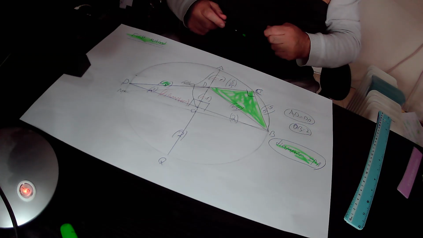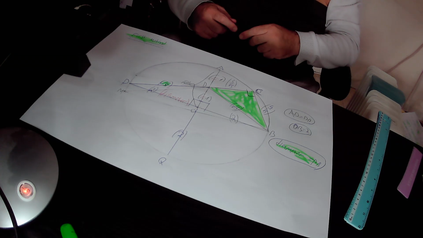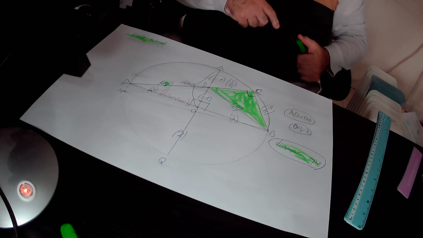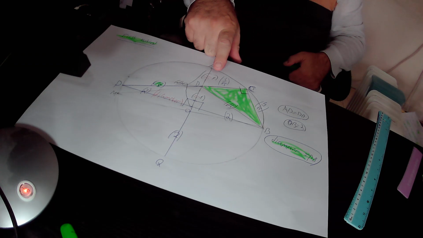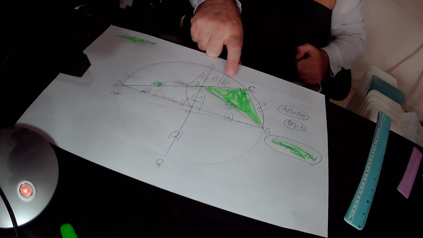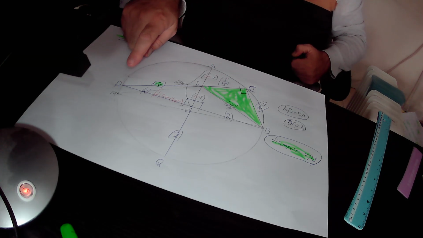Let's repeat the same explanation. So, in the next step, we extend side CD of this triangle by a straight line until it touches the circle.